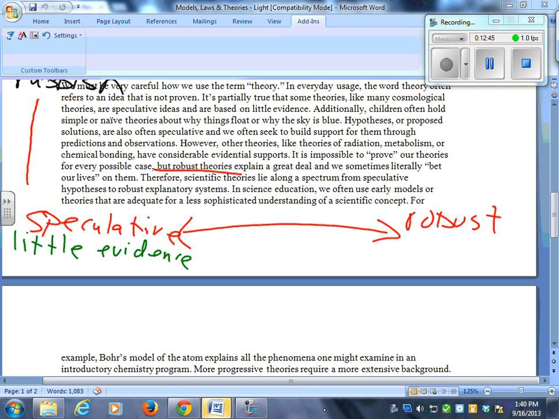This is just the theory end. And as evidence is generated, we move into the robust territory. More evidence. Okay? And as theories move into the robust area, more and more scientists are in agreement.